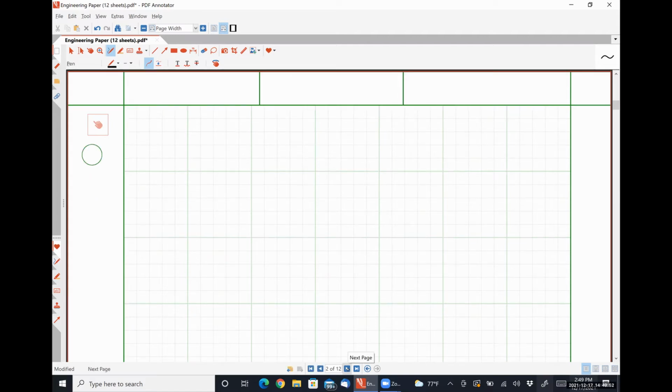So let's analyze this guy. Let's say that we have a 5 ohm resistor, 12-volt source.